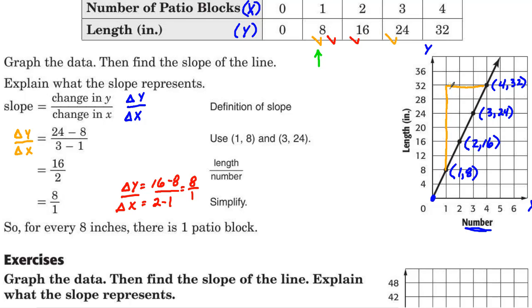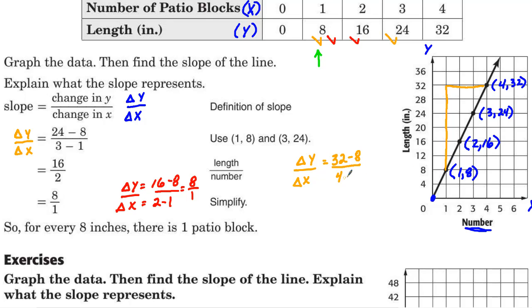So notice our change in y, our delta of y, is equal to the difference between 8 and 32. We're going from 32 to 8, or 8 to 32. So 32 take away 8. And our change in x, the delta of x, is from 1 to 4.